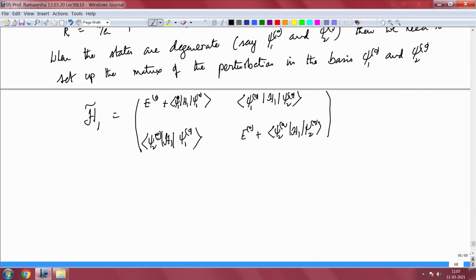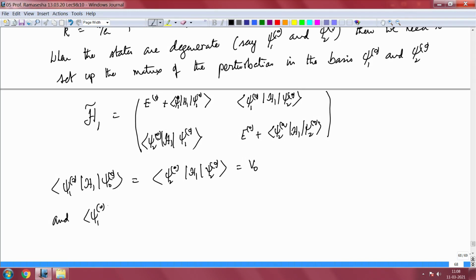So in our case psi 1 0 H1 psi 1 0 is equal to psi 2 0 H1 psi 2 0 is equal to V 0, and psi 1 0 H1 psi 2 0 is equal to V1, and psi 2 0 H1 psi 1 0 is equal to V1 star.